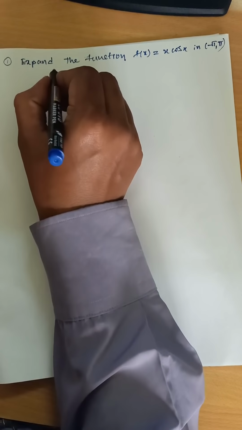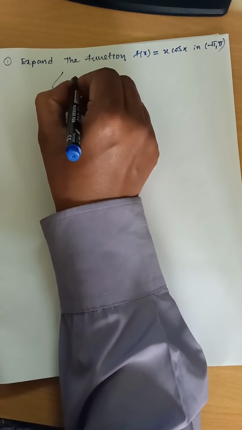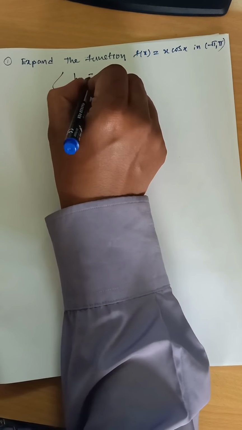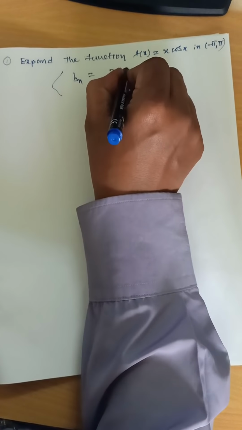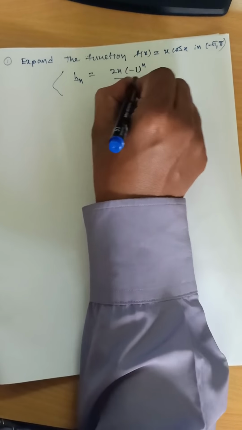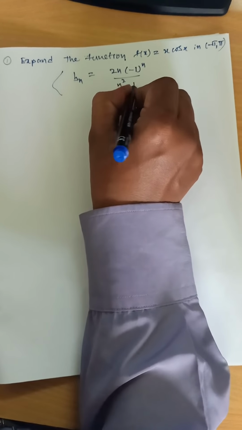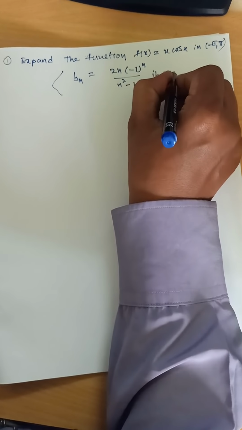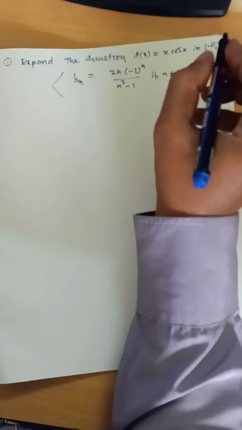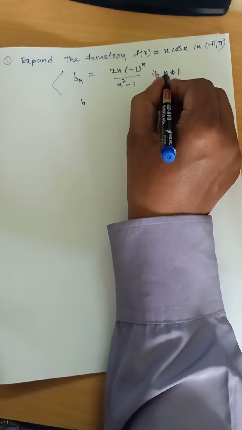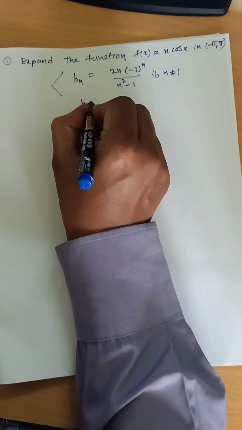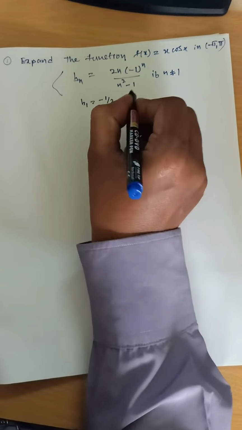I will give the answer for this. You just try at home. bn is equal to 2n minus 1 power n divided by n square minus 1 if n is not equal to 1. And also, because n is not equal to 1, b1 is minus 1 by 2.